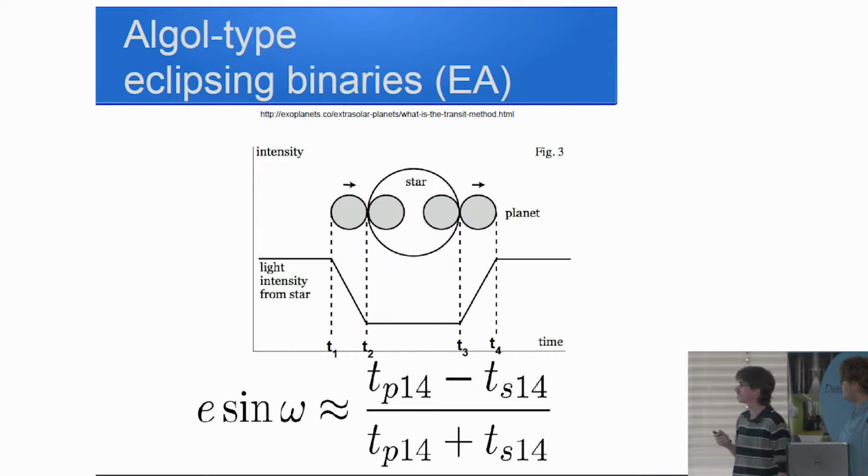Why? Because from the eclipse durations, we can calculate. If we pick this point and this point, T1 and T4, these are called contact times. If we take the approximation of the primary and the secondary and combine them this way, we can get the value of e times sine omega, where e is the eccentricity.